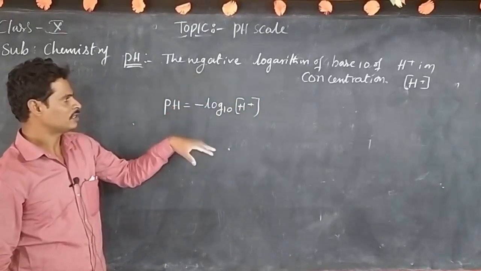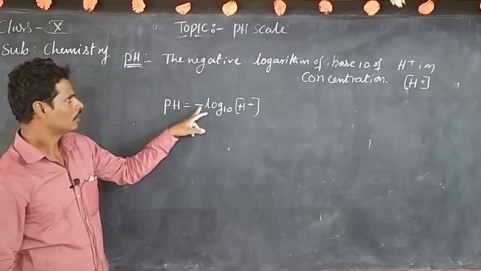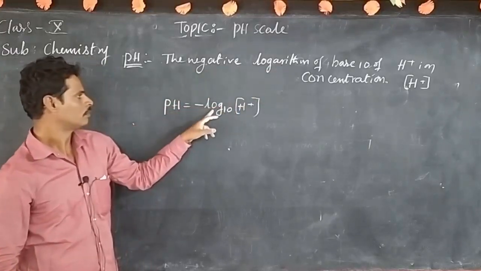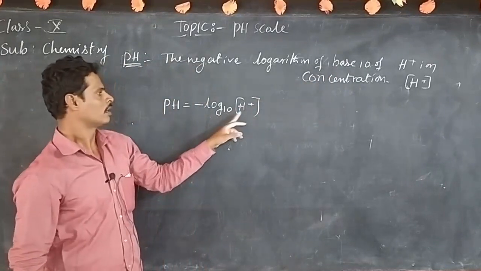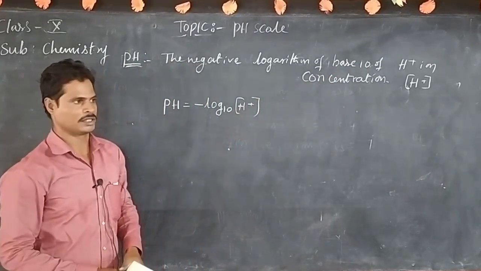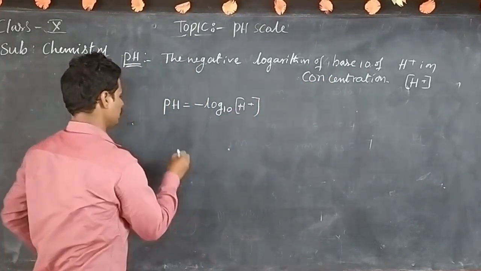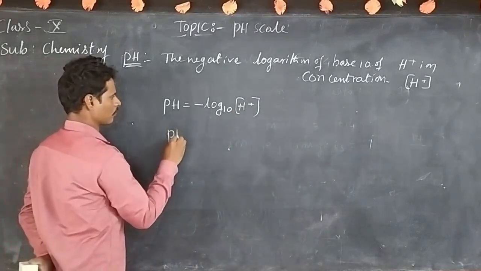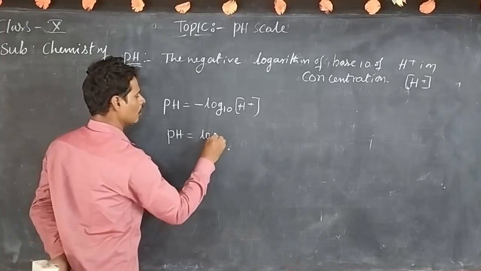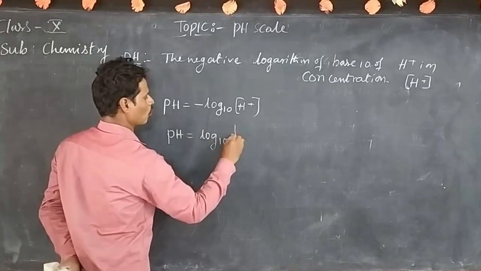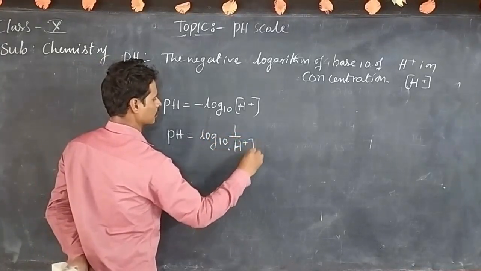In formula form, pH is the negative logarithm of base 10 of the H plus ion concentration. This one we should also write: pH equal to log base 10 of 1 by H plus.